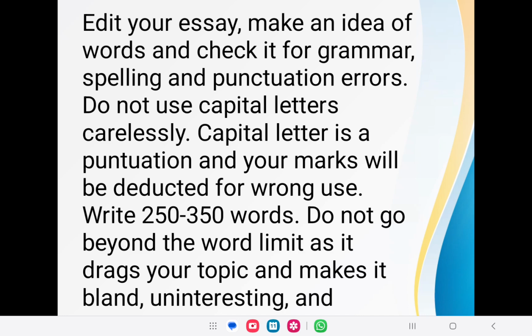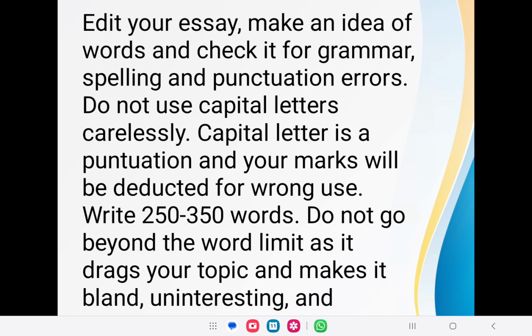In a directed writing task, you have to write 250 to 350 words, and do not go beyond the word limit, as it drags your topic and makes it bland, uninteresting and monotonous.